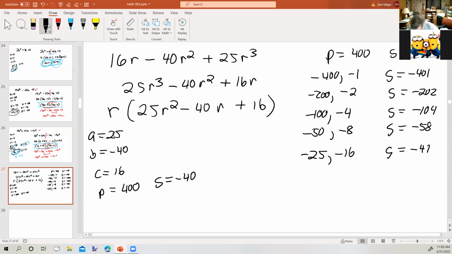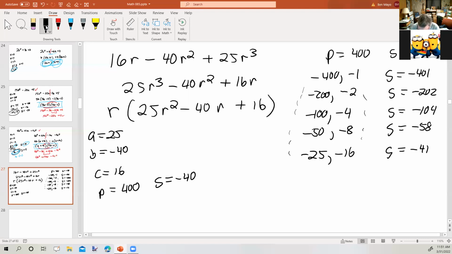So close, so close. So what do I know? Well, this number is getting less negative, and this number is getting more negative. And as we go, we're getting closer to our goal. So apparently we need a number that's less negative than negative 25 and more negative than negative 16.